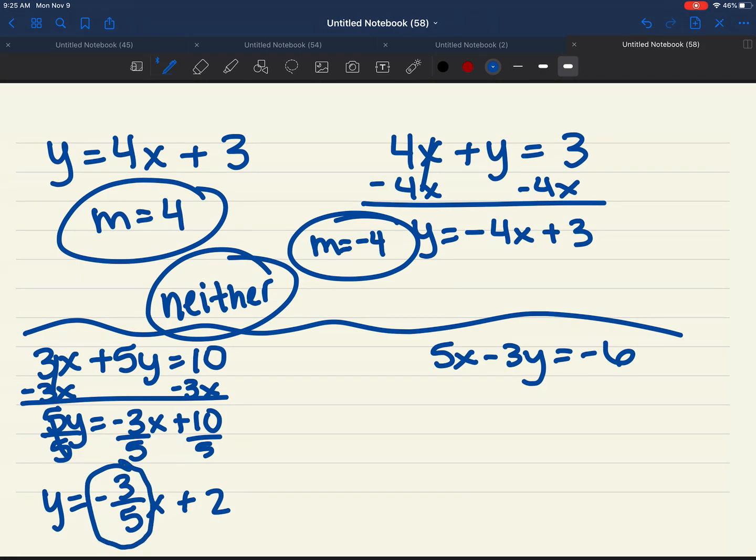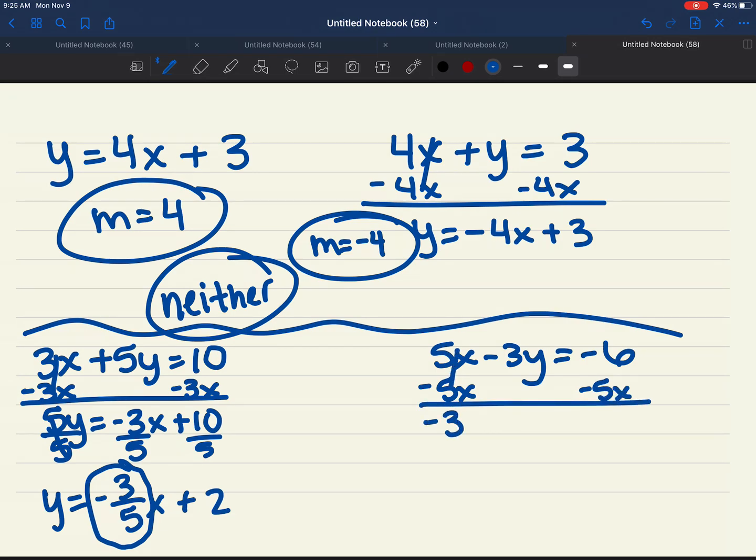Okay, I don't even care if you just circle your slope right here so you know. So my slope of this one is -3/5. All right. Quinn, can you tell me how to move the other one into slope-intercept form? Subtract 5x.